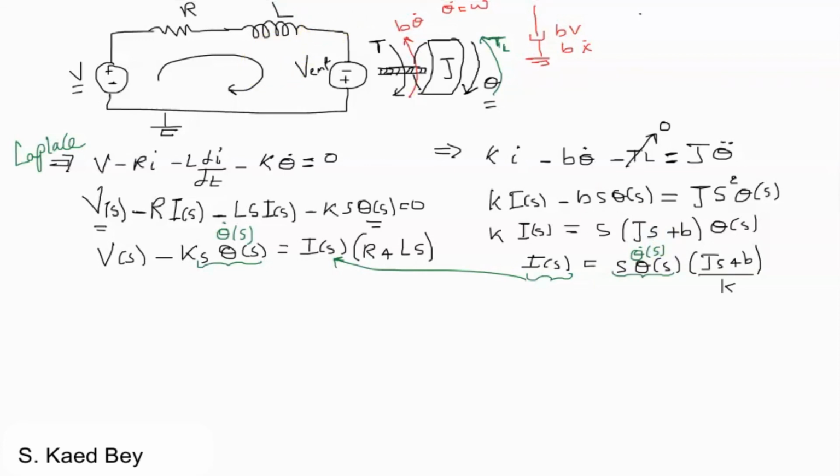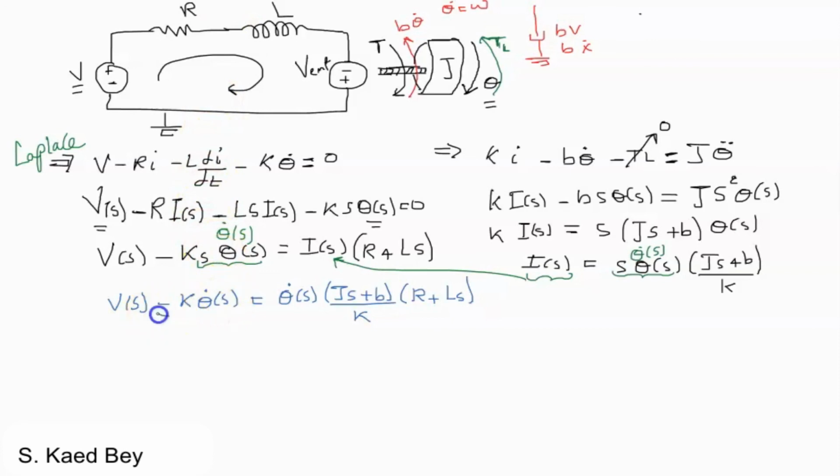So making these substitutions, I get V(s) minus K theta dot(s) equals, now replace the I(s) here, it's equal to theta dot(s) times (J s plus B) over K multiplied by the R plus L s.